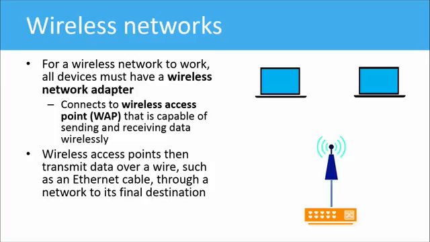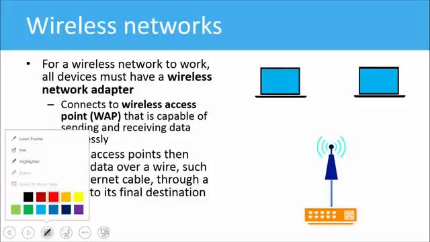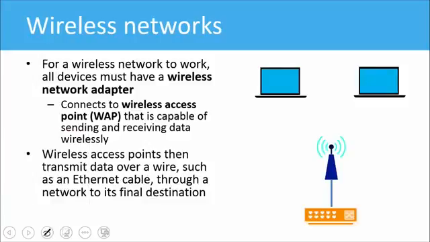All right, so let's talk about wireless networks. For a wireless network to work, all devices have to be connected through a wireless network adapter. And so it's a little bit different from the wired one that you guys saw a picture of earlier in one of our modules. I think it might have been Module 2. I can't recall. Don't hold it against me. And so those devices, they connect through radio signals to a wireless access point.